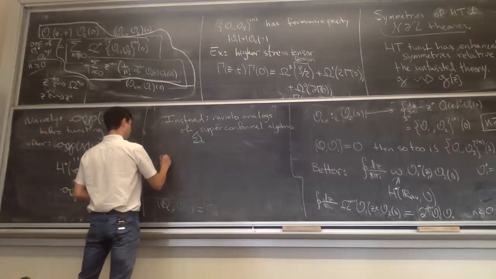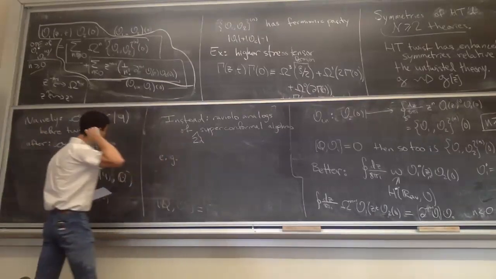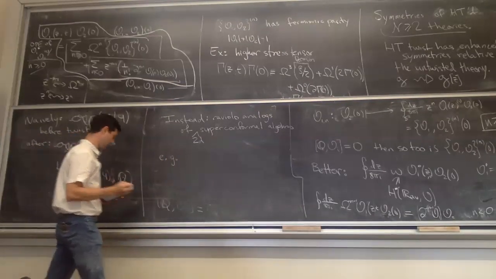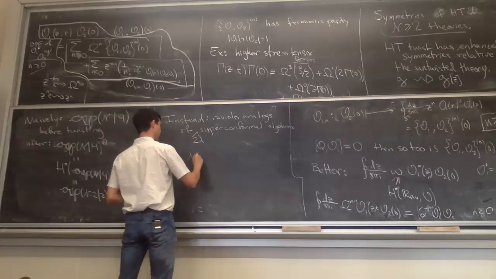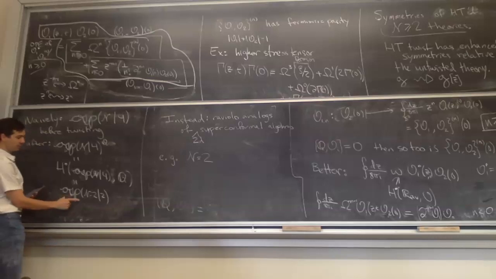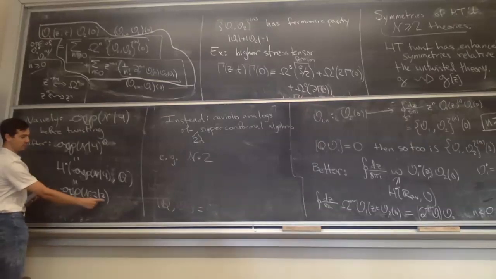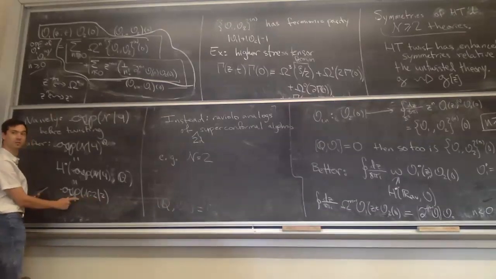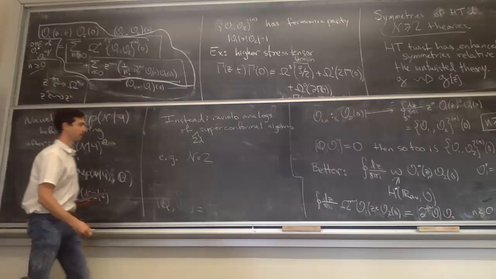And just as some examples of what this symmetry enhancement looks like, if you looked at n equals 2 supersymmetry, so this OSP 0/2 is just going to be SP2 or SL2.